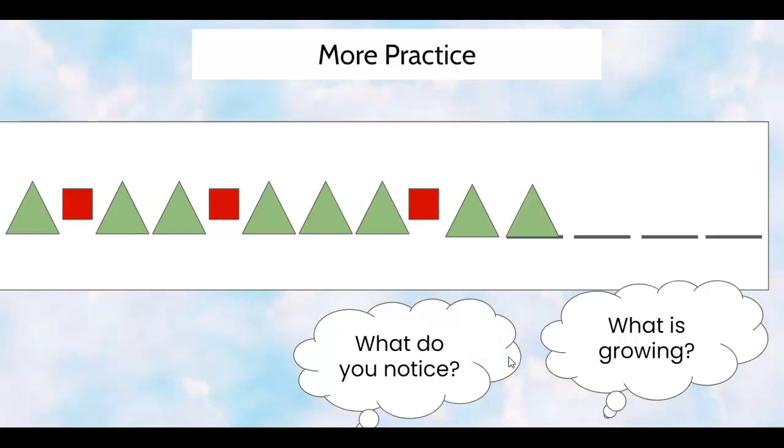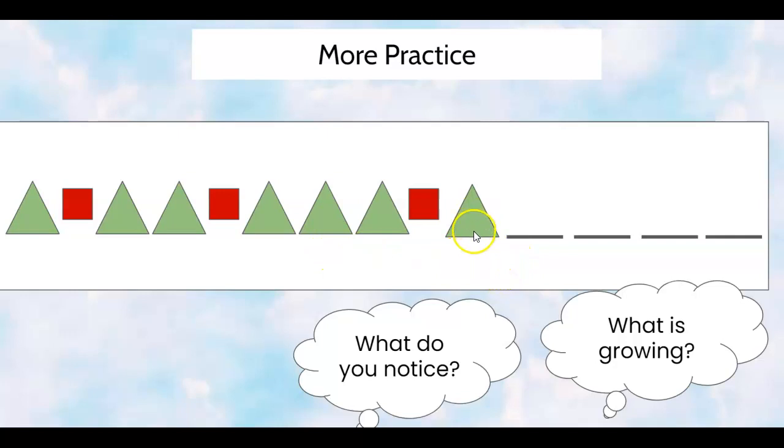So what comes next? There was one triangle here, 2 triangles, 3 triangles in this part of the pattern. So how many triangles do you think we will need to extend this pattern? 1, 2, 3, 4 triangles.